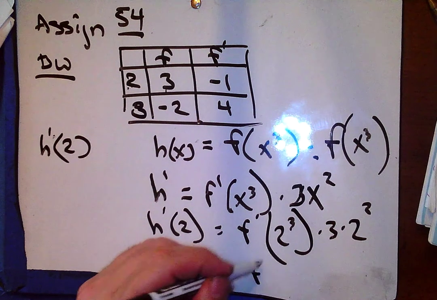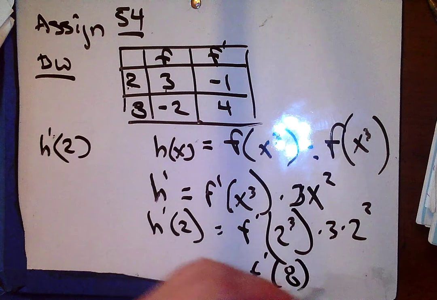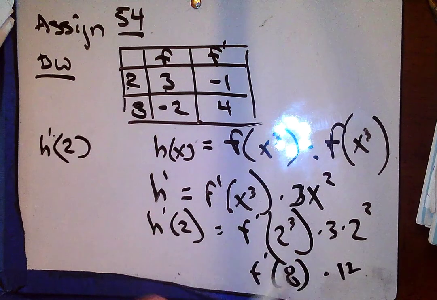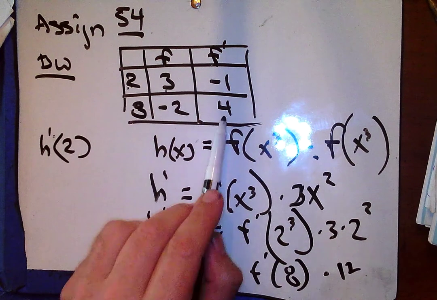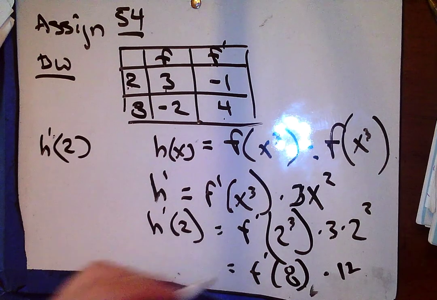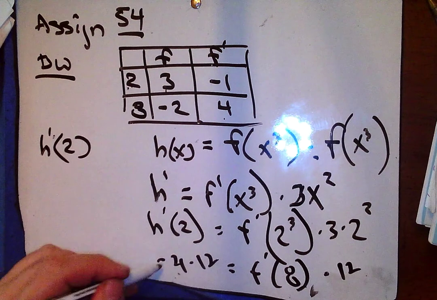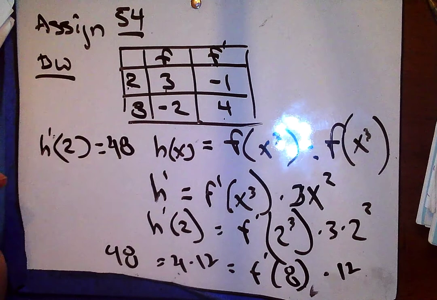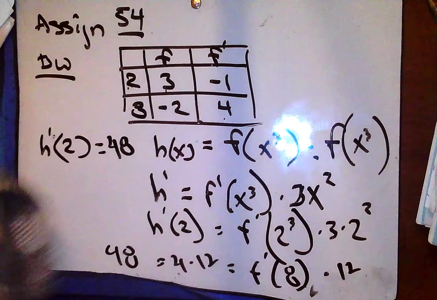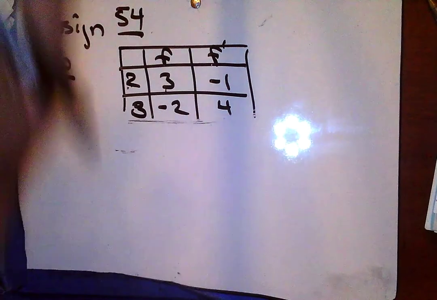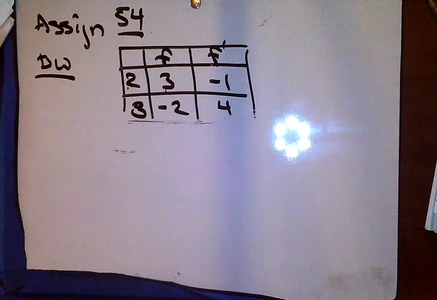So that's f prime of 8 times 4 times 3 is 12. F prime of 8 is 4, so I get 4 times 12, or 48. Okey-doke. And the last one that I'd like to do like this. These problems are so common on the AP exam.